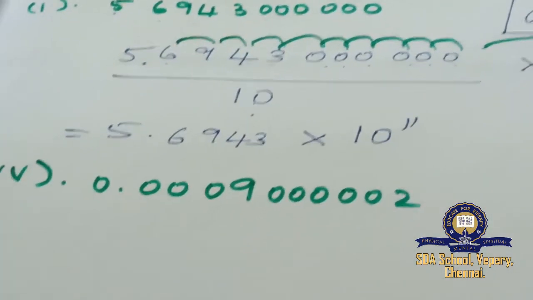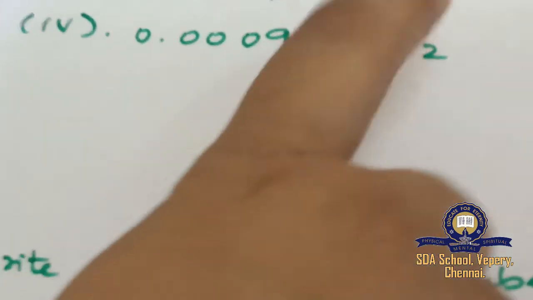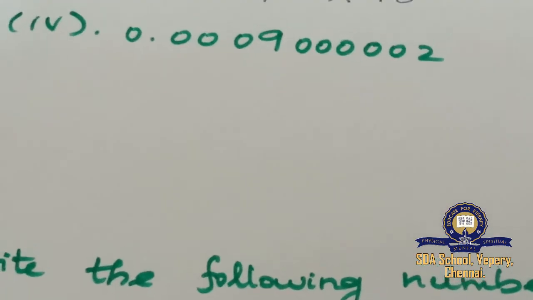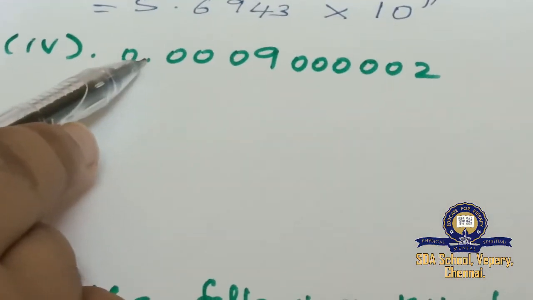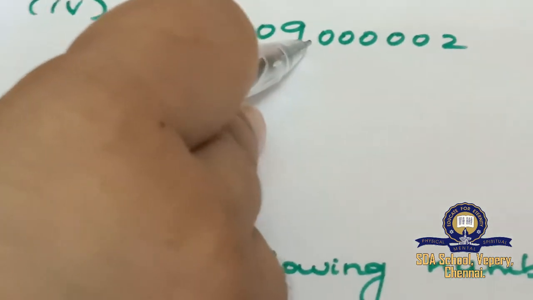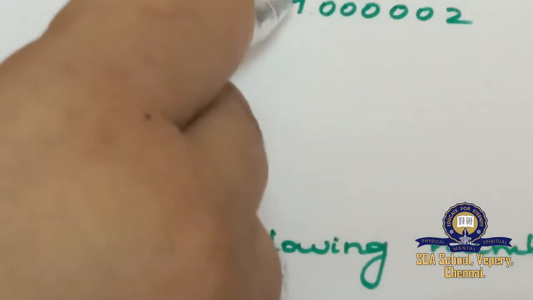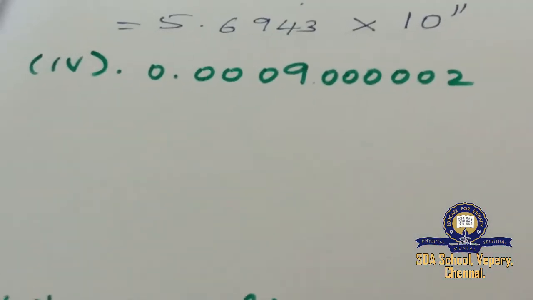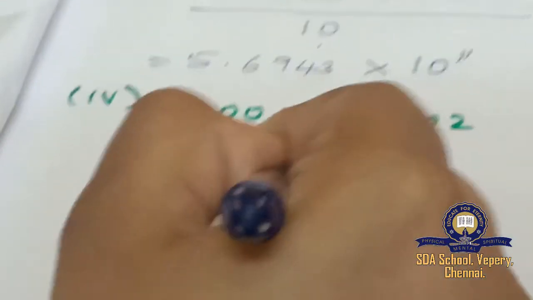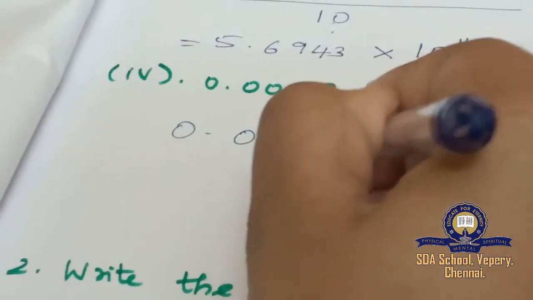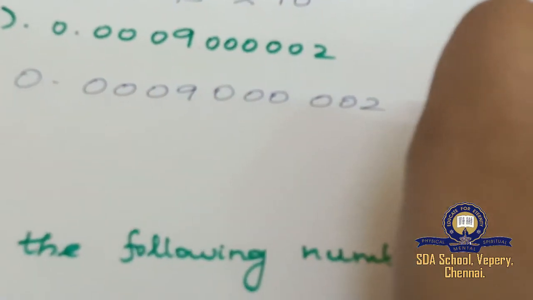Then let's move on to the next sum. Next sum I have 0.0009000002. This is my question. How do I do this sum? I don't want this decimal point. I want the decimal point to come over here. How many places should I move? 1 2 3 and then 4, right, students? Which means I'll write the question: 0.0009000002 multiplied by 10 power 4.